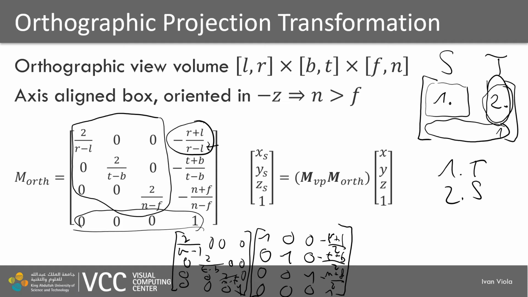Orthographic means that we do not have any perspective there. It is just preserving, for example, the orientation of lines. If the lines are parallel to each other in the camera space, they will remain parallel to each other also after this orthographic projection transformation.